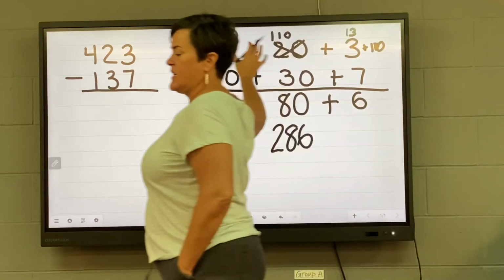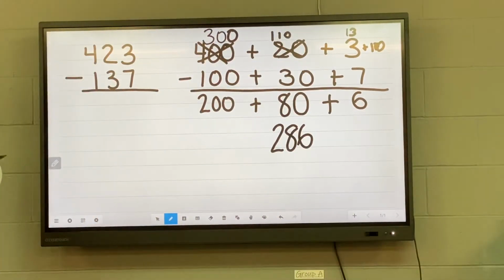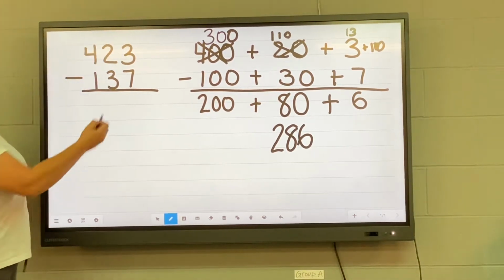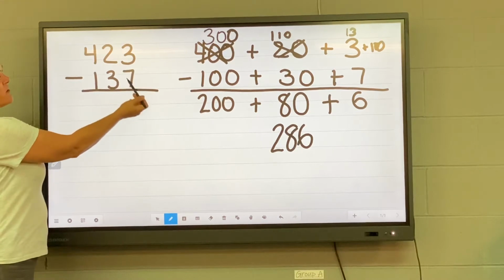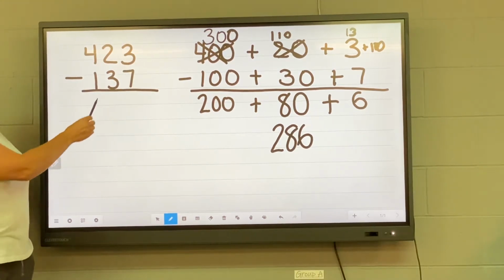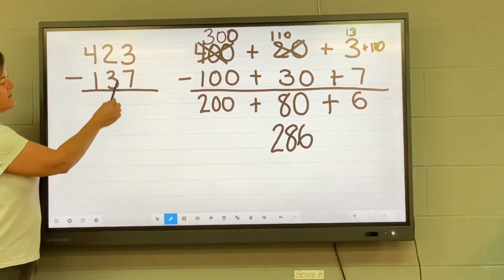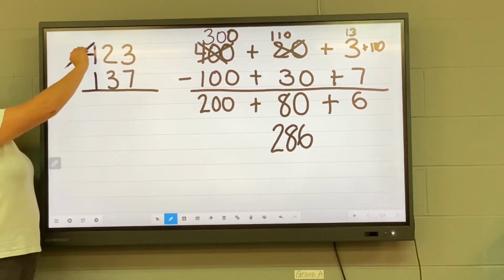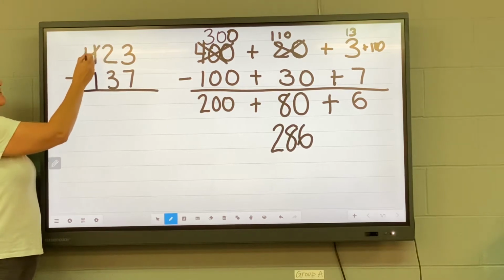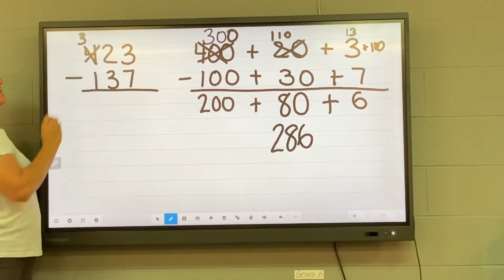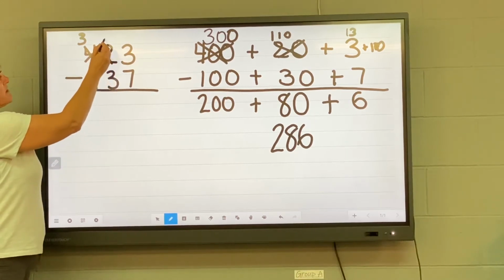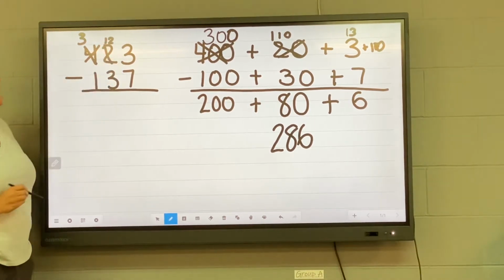What we did here is just like what we would do in standard form, or the standard algorithm, excuse me. So we know that we can't start regrouping here because our larger number is on the bottom. Is our larger number on the bottom here? Yes. So in standard algorithm, we need to start over in the hundreds place. Is that like what we have there? So then that gives us 12 there.